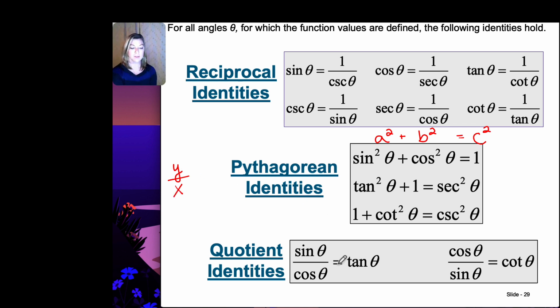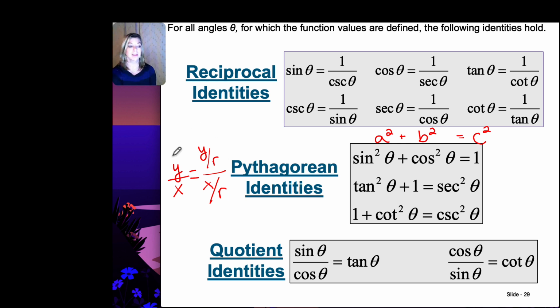Then there's an equal sign. Numerator on the other side of the equal sign is sine of theta. And we know that sine of theta in terms of x, y, and r is y over r, over the denominator on the other side of the equal sign, which is cosine of theta, which we know in terms of x, y, and r is x over r.